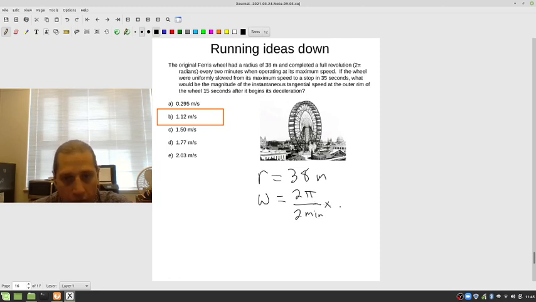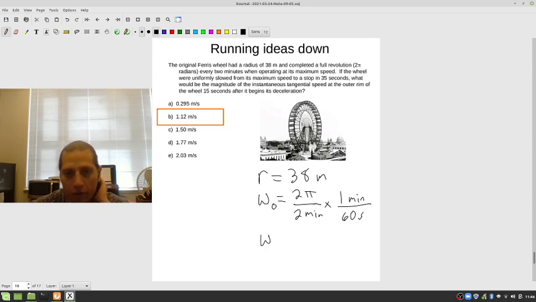So if we want to put that in radians per second, it would be 1 minute, 60 seconds. It says, if the wheel were uniformly slowed down from its maximum speed to stop in 35 seconds, okay, so this would be our omega naught.